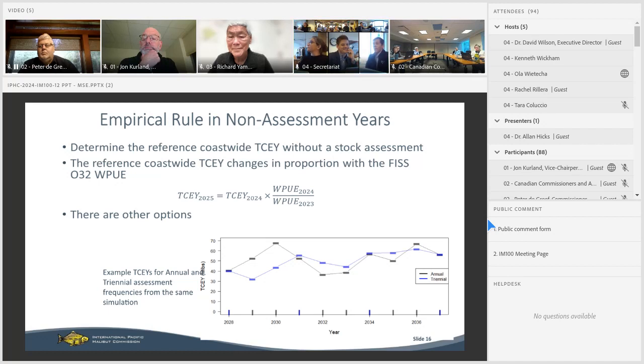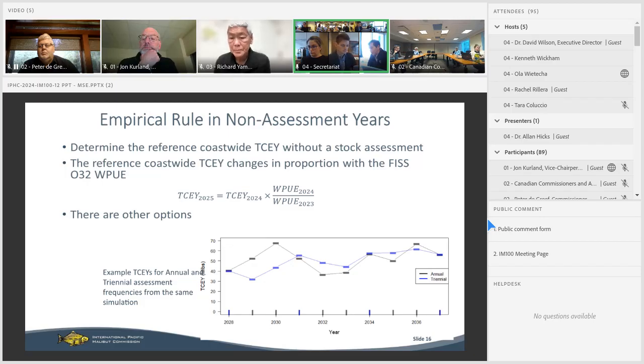But there are other options to do that. You could use all sizes WPUE. You can build a really simple model. We have some production models we could put in, or we could just fix it at the value that it was last year. There are other options, but this is all that we have tested at this time. But I wanted to show a quick example of how this would work at the bottom here.